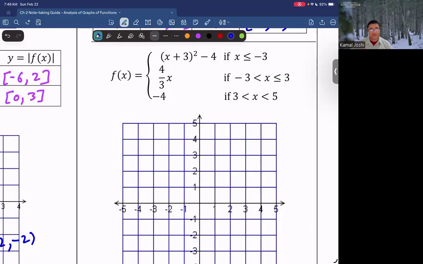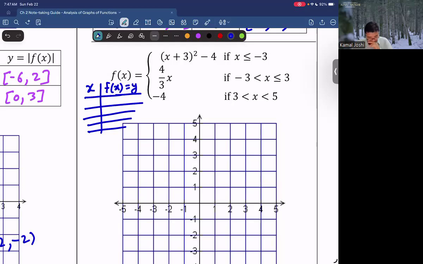You can randomly choose the values of x, create a table, and create the corresponding values of f of x, which will be the y coordinates. And if you get a bunch of points like that, x, y, you can plot them on the graph and then join them by freehand. You can do that if you want, but I'll leave that to you to practice. Here I'm going to talk about sketching the graph by doing the shifts and the reflections and all the operations we have been talking about.